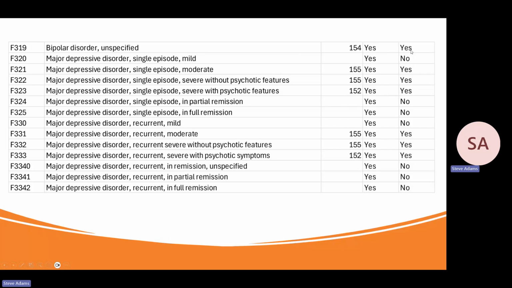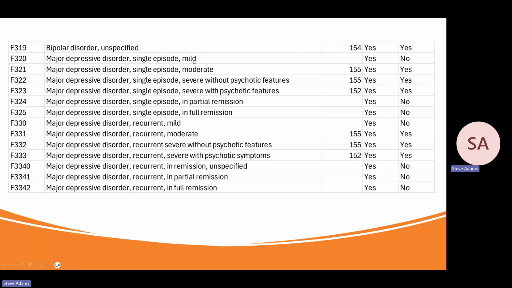Now, in the far right-hand column, where you see the word yes and no and yes, yes, these are the version 28 rules. So you can see here that depression, single episode mild, does not have anything specifically in its column anymore, because that means no in version 28, there's no HCC risk bucket for that.